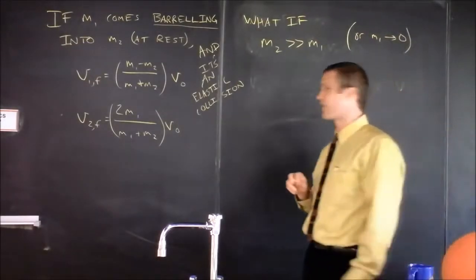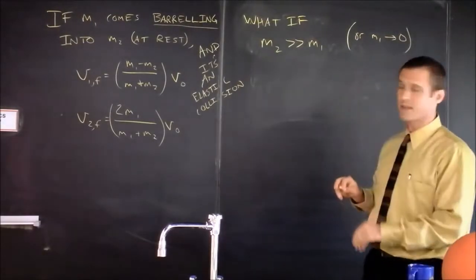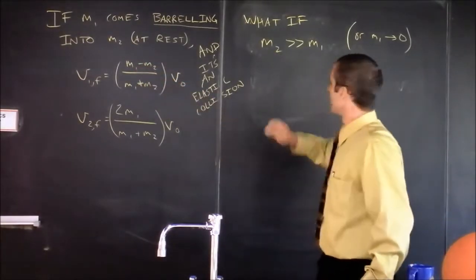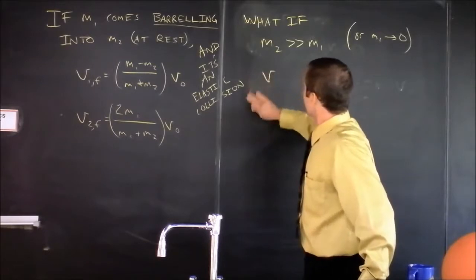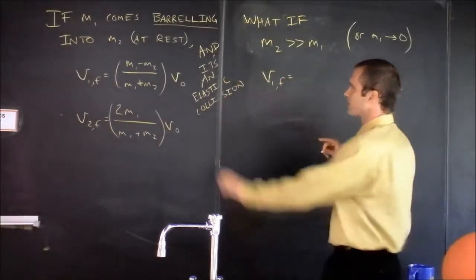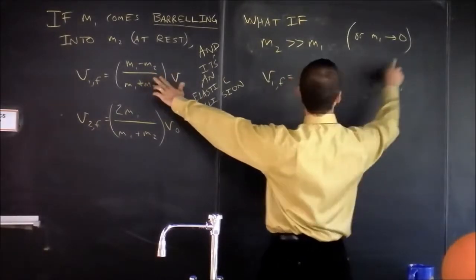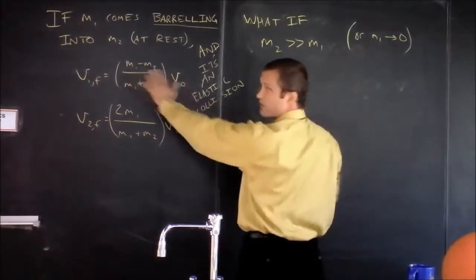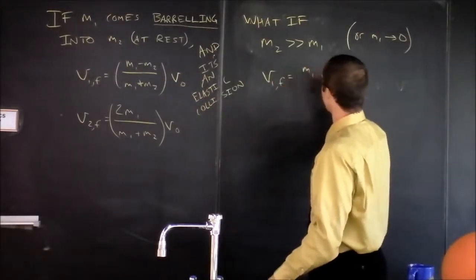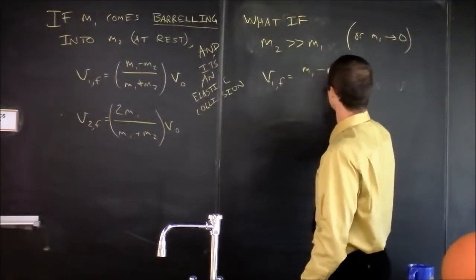In the limits of calculus and all that stuff, we can be a little bit sloppy about it, but let's consider m1 going to 0. Check this out. The final velocity of thing 1 is going to be, let's see, I'm going to have m1 sort of not be there, if that's okay, because it's going to 0. So I'm going to rewrite the problem, and then I'll be able to look at this a little more carefully.